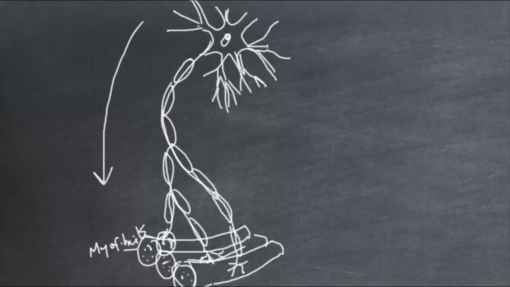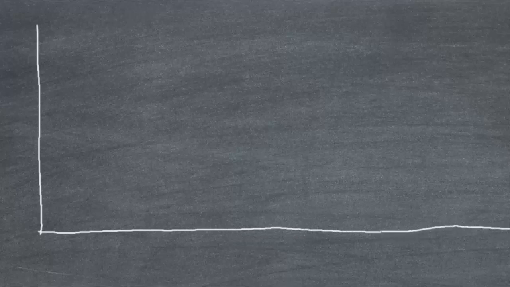So let's go back to our drawing board over here. Let's move over, make some room. Okay. Let's draw a little figure here. There's going to be the vertical axis, and then let's draw a really long horizontal axis over here.